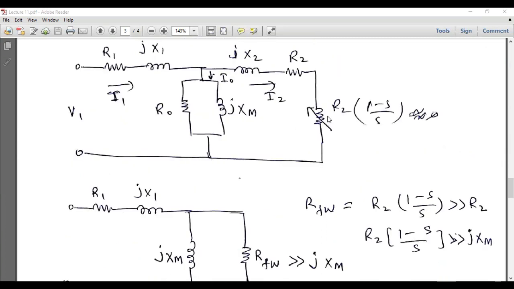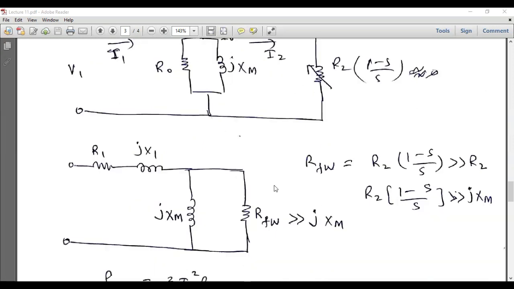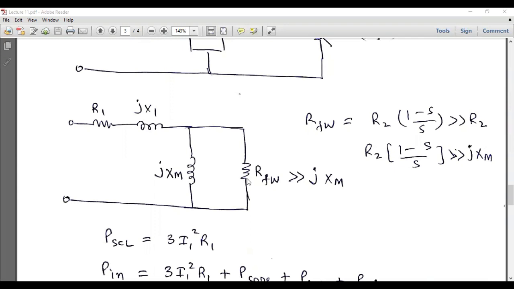And at this point, we know that S is approximately equal to 0, and in that case this R2 into (1 minus S) over S term will be very high. Or if we add this R2 and this R converted, we will get R2 over S, and that R2 over S will be very high, or we can say that R2 over S is almost equal to infinity, which means that this equivalent resistance at the rotor side can be replaced by an open circuit.